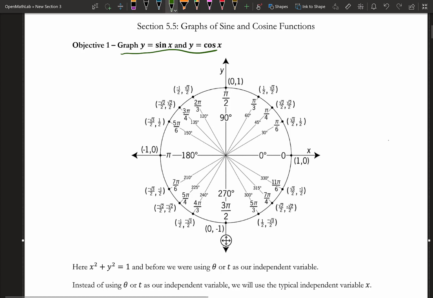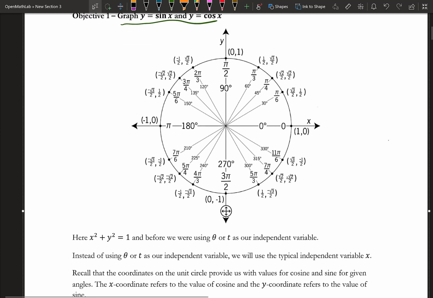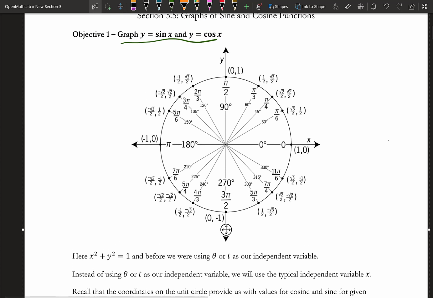What I put first here is just the unit circle, and something to wrap your head around is that we've used x and y a little differently here than in the way it's described in this function.